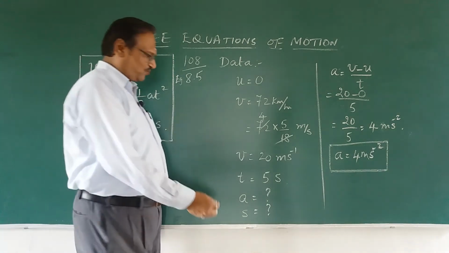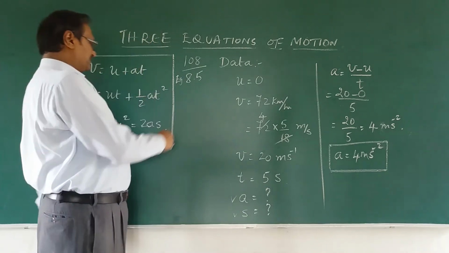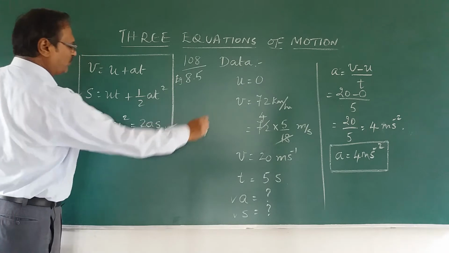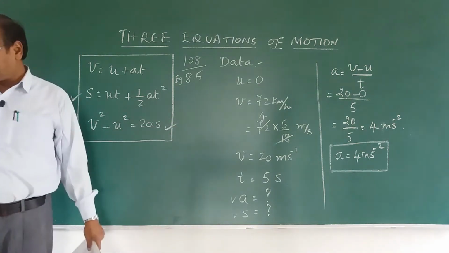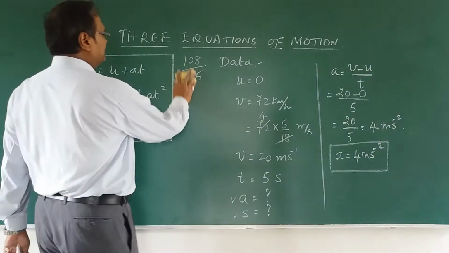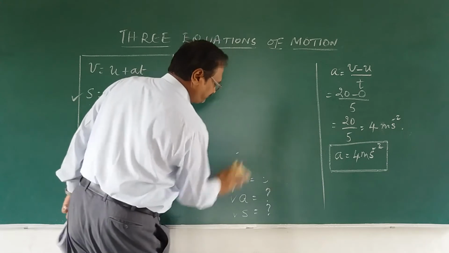Now we move to the next one where we need to calculate s. For s you can use this formula or also you can use this formula. Either one of the formulas you can use, there is no problem. So let me erase this part and see what I am doing now.